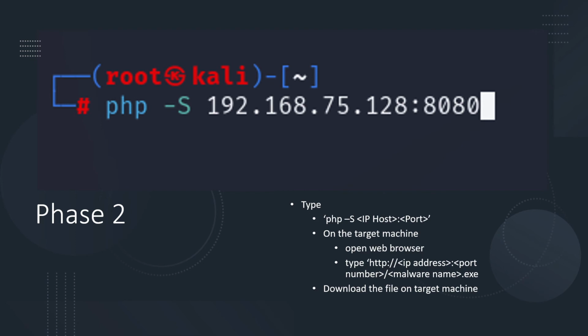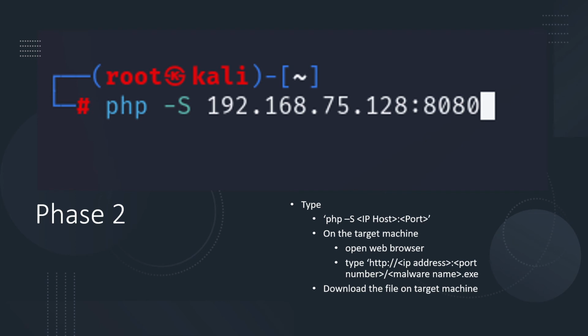I could choose port 80 if I wanted to, as long as it's not already being used. So rather than port 8080, I could just use port 80, and then that will create a development web server for me, that I can now use this link on the target machine and actually get that machine to link and effectively download.